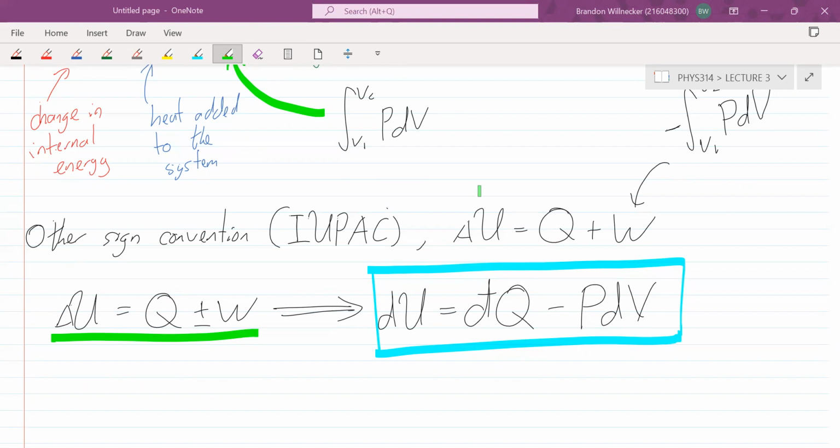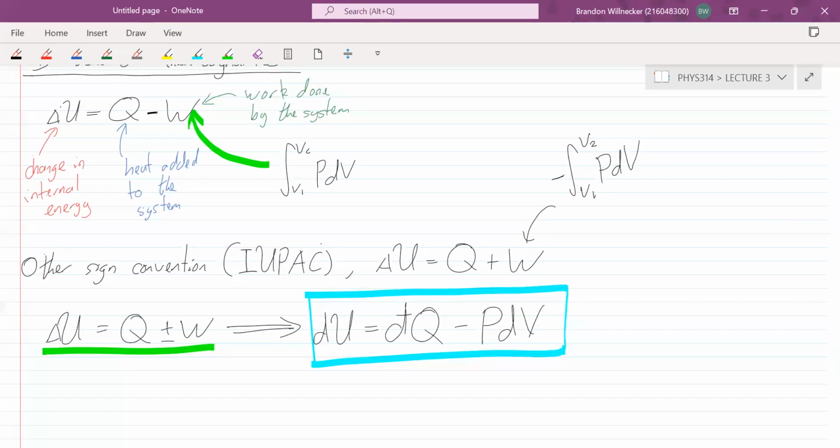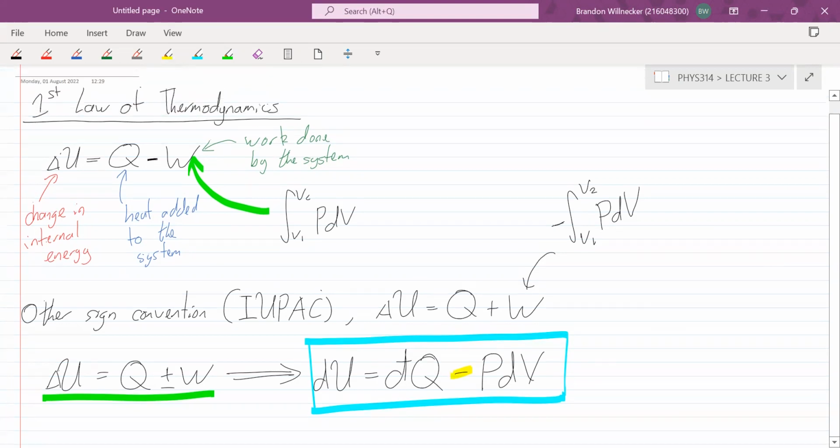So if we use the delta U is equal to Q minus W, then the integral where it says P dV becomes plus? No, that's always like this. It doesn't matter which sign convention you use, there's always the minus sign here. Because remember, this minus sign from the W is hidden here.